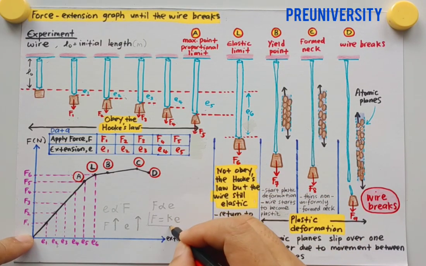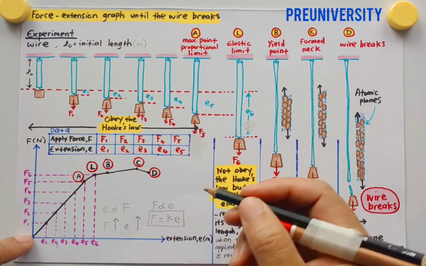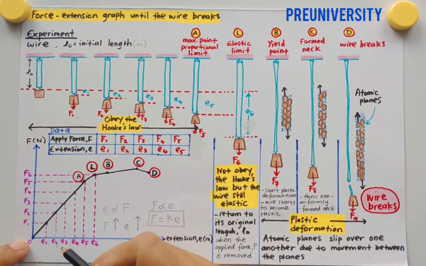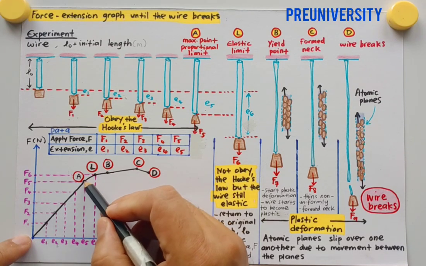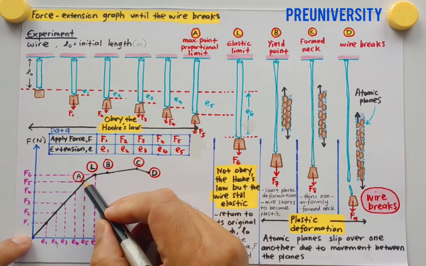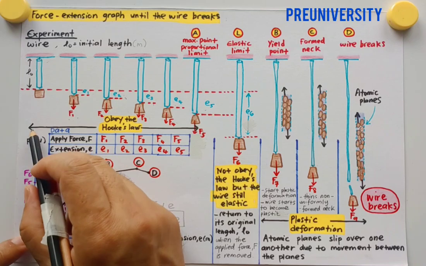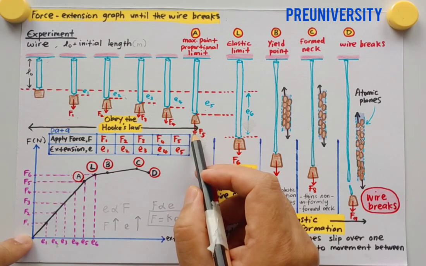So this one is the equation of Hooke's law. So that means from 0 to the point A, this one obeys Hooke's law. Still obeys Hooke's law from here to here, F5. So in this experiment, the wire still obeys Hooke's law.